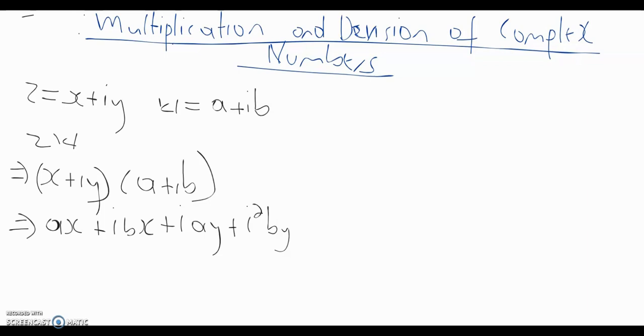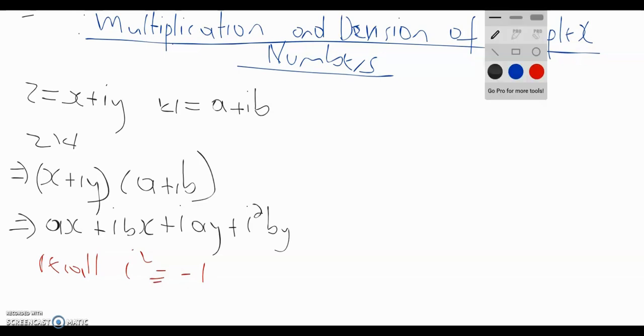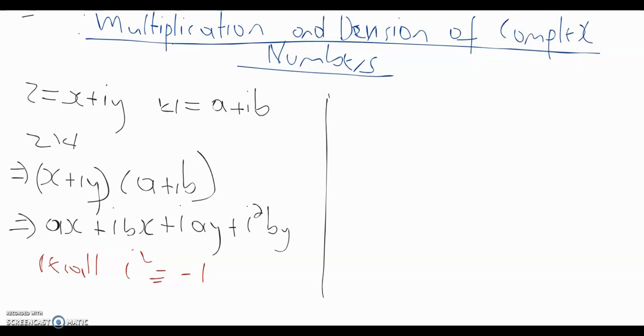From previous lessons, recall that i squared is equivalent to minus 1. So this expression is going to become, and we can start grouping as well, ax plus ibx plus iay. The i squared we said is equivalent to minus 1, so we have minus by.